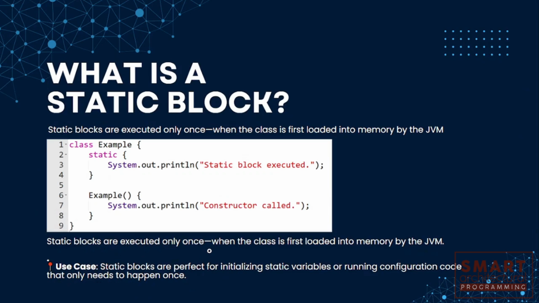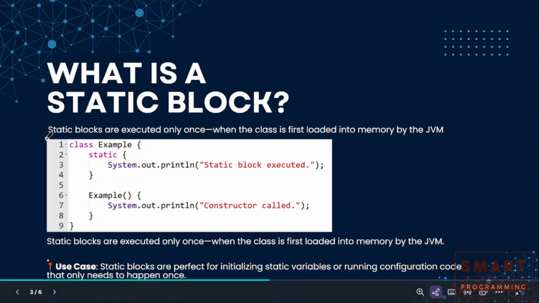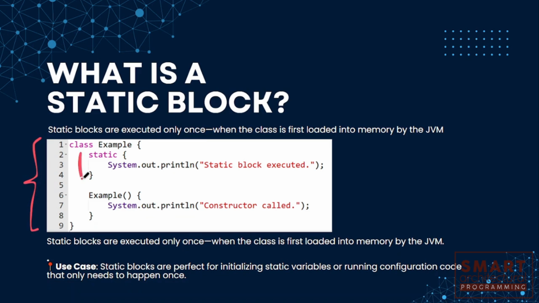So what are static blocks? Static blocks are executed only once when the class is first loaded into memory by the JVM. So without calling anything, when a class is loaded, static blocks are automatically run by the JVM and fixed in memory. If you create multiple objects of the example class here, as you can see, we have a static block here. That is basically what we're talking about.